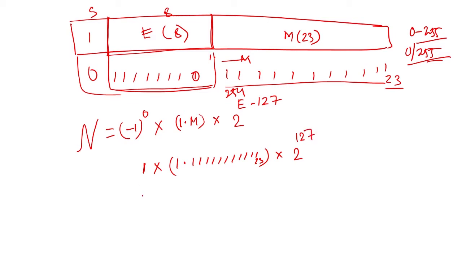Okay. So, if you compute it, this is nothing but 2 minus 2 to the power minus 23 into 2 to the power 127. How are you getting this one?